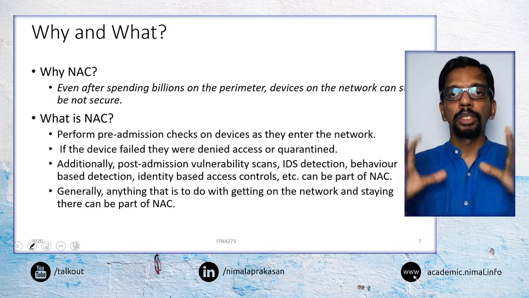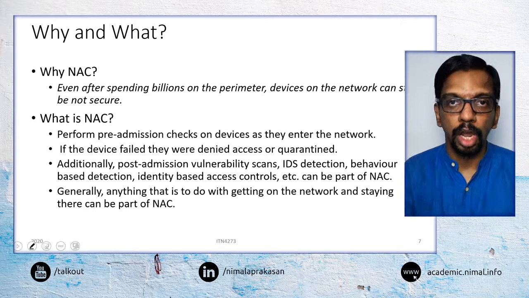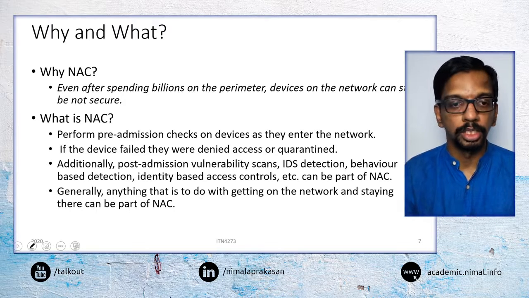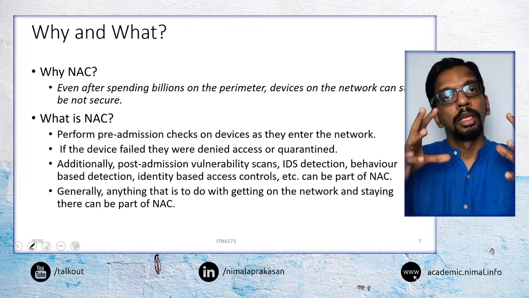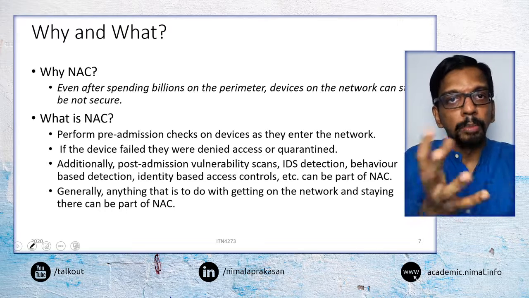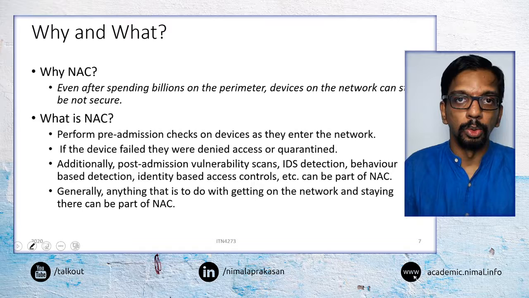The main question, or the main problem, that we are trying to solve through network access control is what we identify as something similar to our example of Trojan horses.